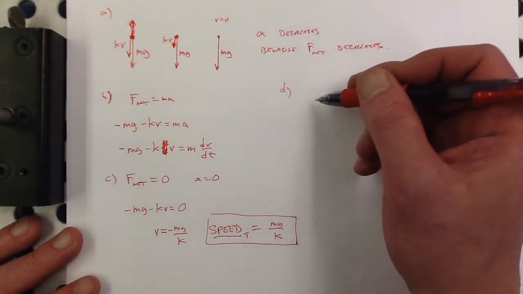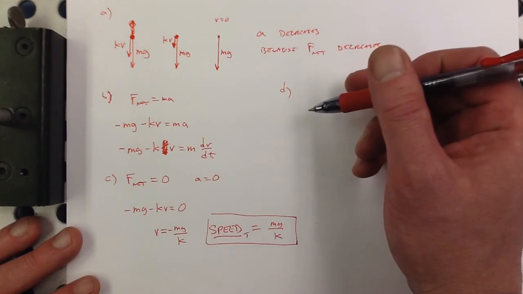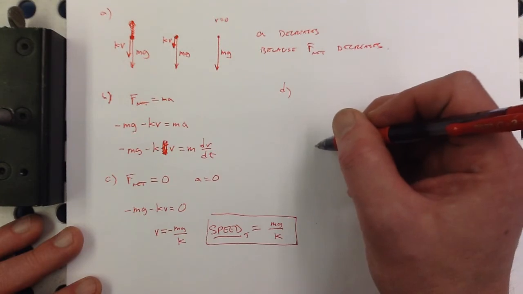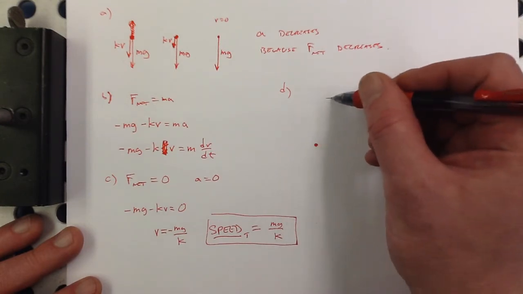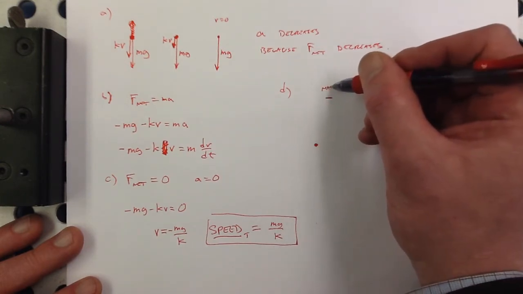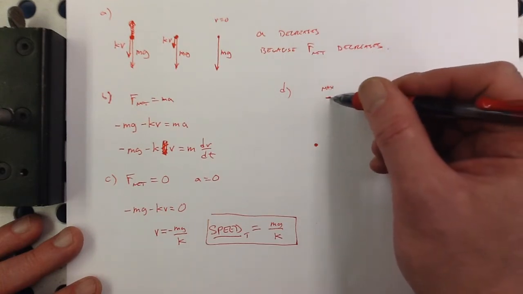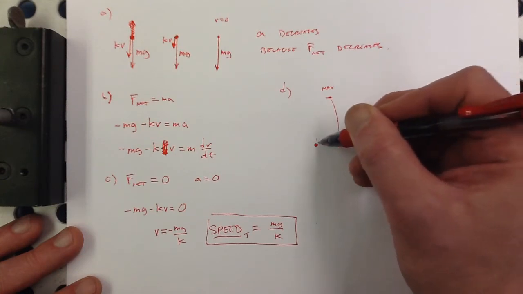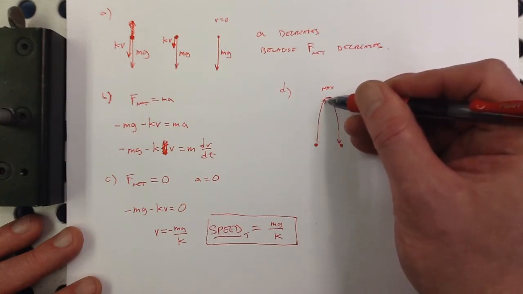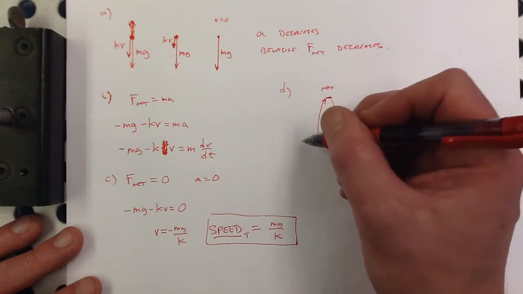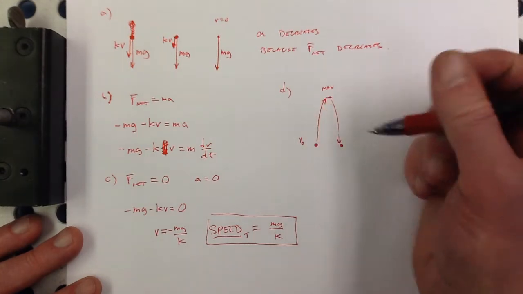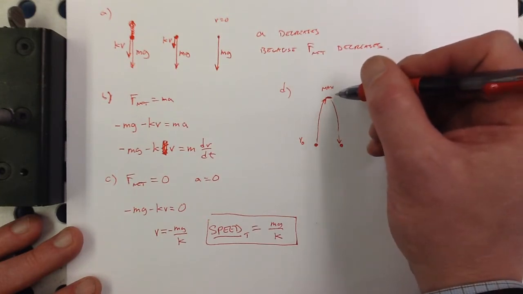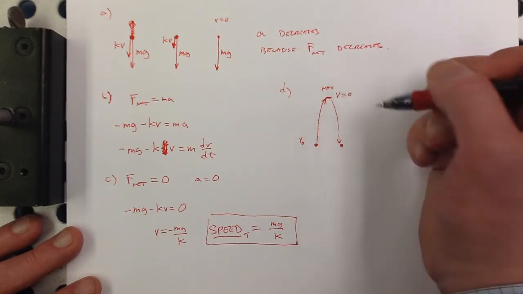If you think about it in terms of energy, the ball starts with its initial velocity, rises to this max height, where the velocity is 0, and then falls back down again.